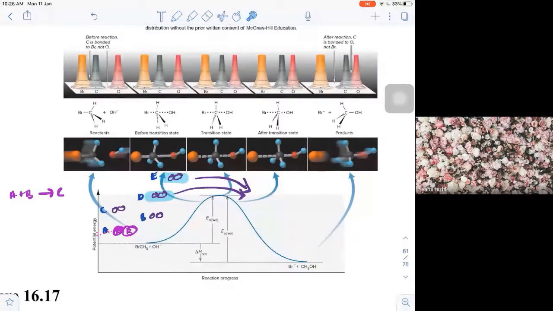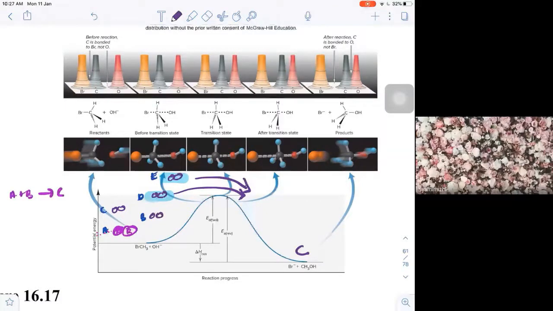Activation energy is from the reactant level until this state that we call the activation state or transition state. So all must achieve the activation state or transition state, then they will produce a product. See here. So this is the first requirement: achieve activation energy for the collision to be effective.